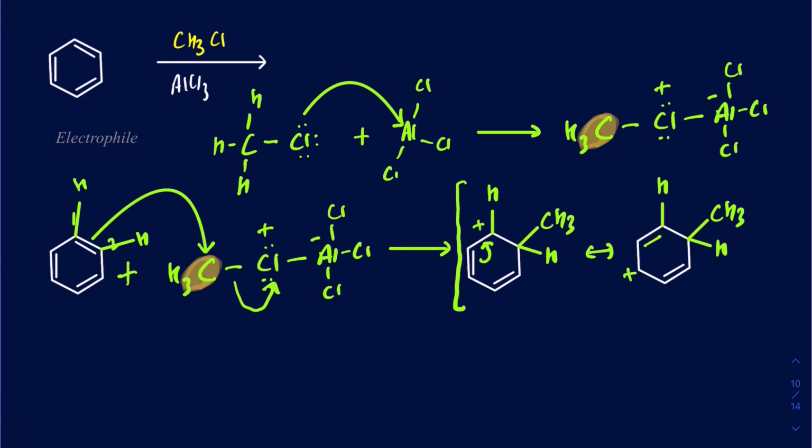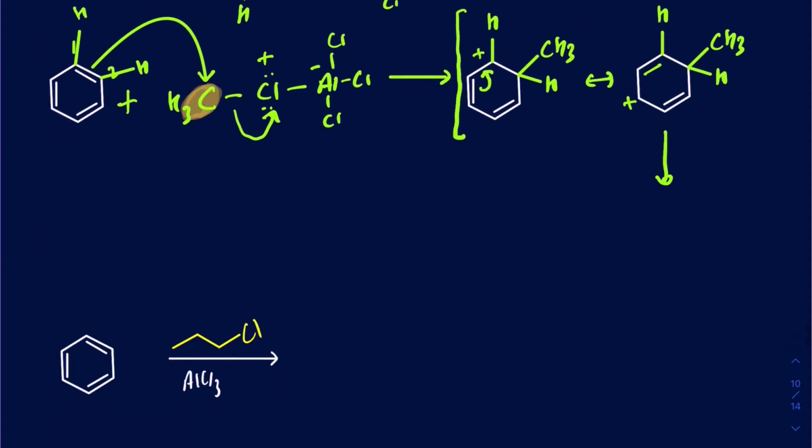Double bond there, positive charge there. And then I can have another one. This moves down here, and this moves down here. You get a double bond here, positive charge here.